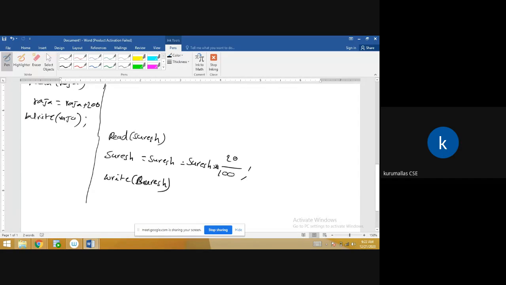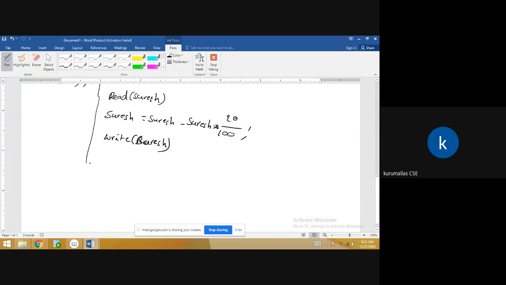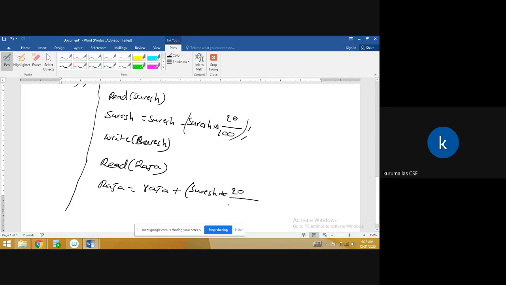After this, we have to add the 20 percent amount to Raja's account. Before that, we have to read the Raja account. Next, we add that amount to the Raja account: Suresh into 20 by 100. Again, we have to write that.